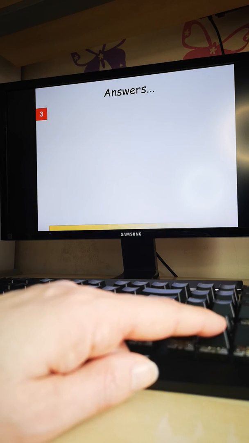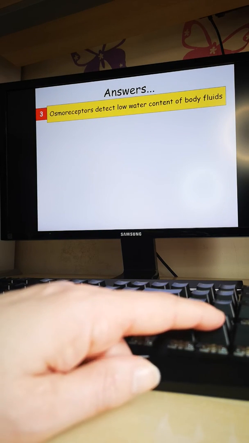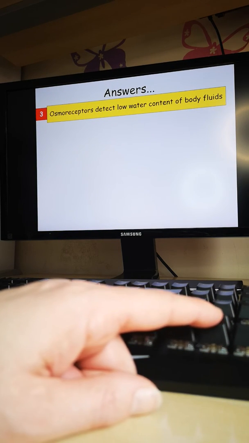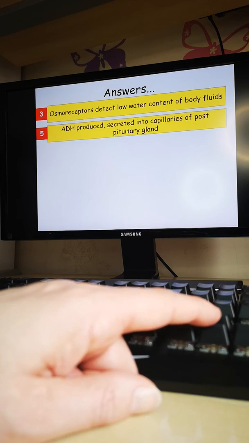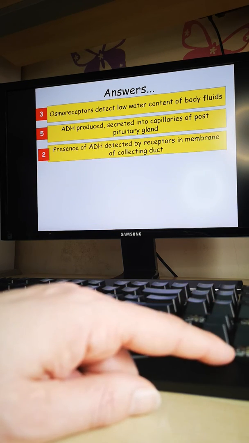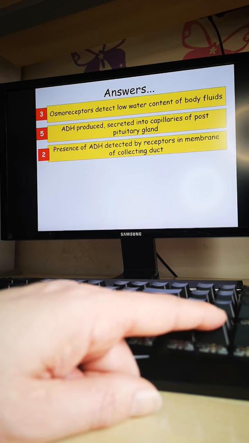So it should look like this. 3, the osmoreceptors detect a low water content in the body fluid, so in the blood, a low water potential. That causes 5, ADH to be produced or released from the pituitary gland. Then it should be 2, the presence of the ADH is detected by receptors, so the ADH binds to the receptors in the membrane.